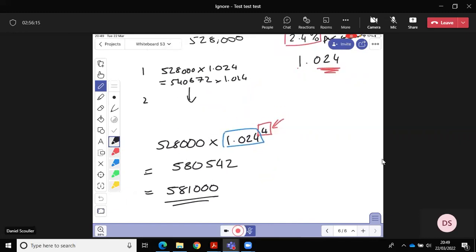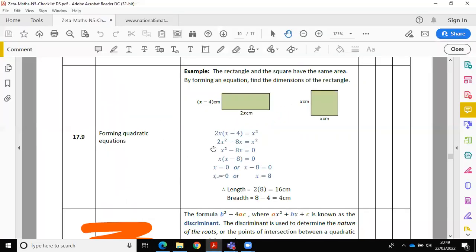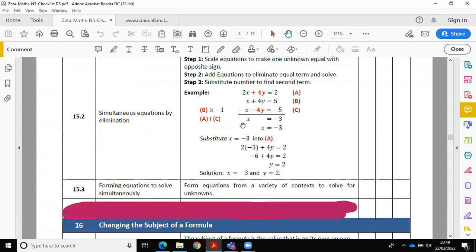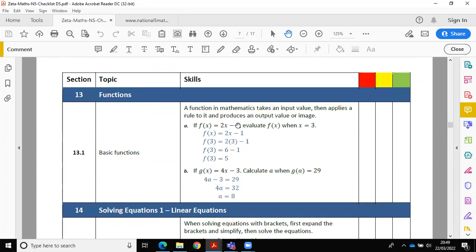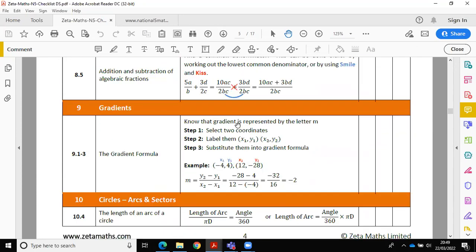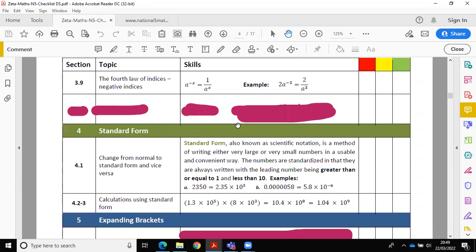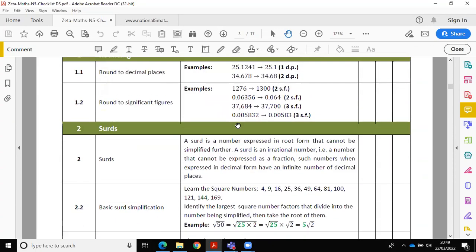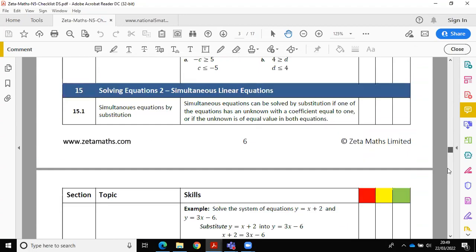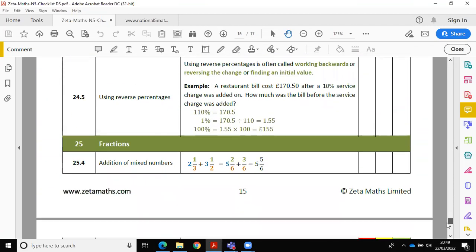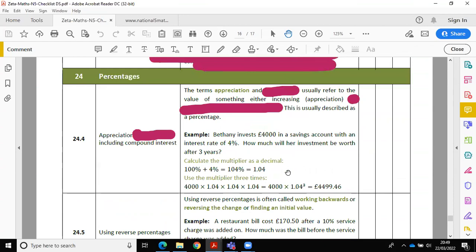So again, looking at appreciation, we calculate the multiplier as a decimal.